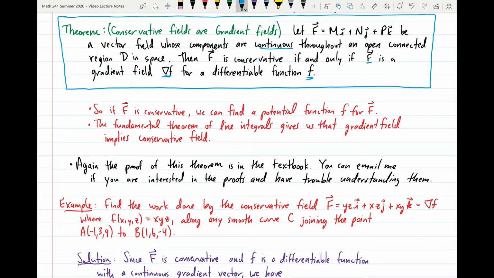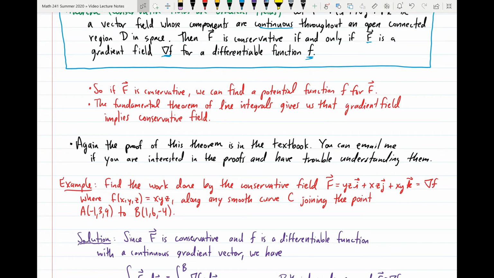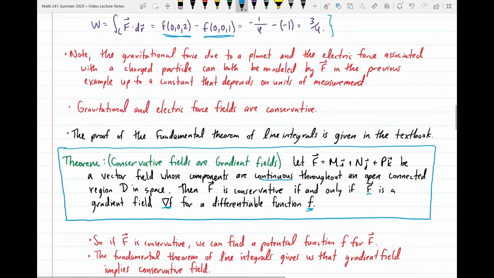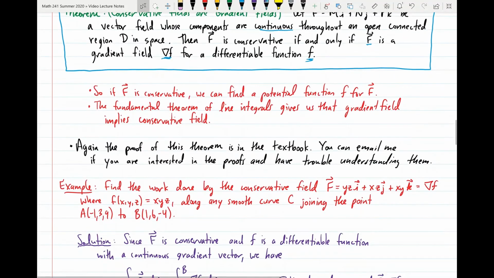So if big F is conservative, then we can find a potential function little f for big F. And the fundamental theorem of line integrals, the theorem that we just covered previous to this, gives us that the gradient field implies conservative field.